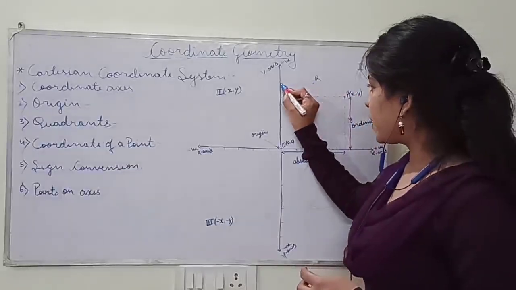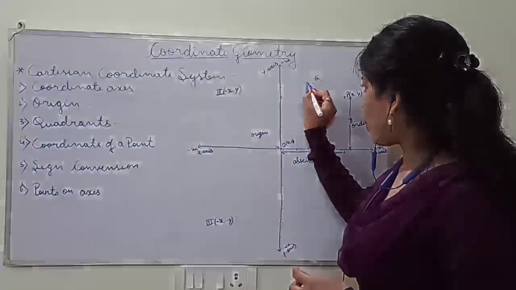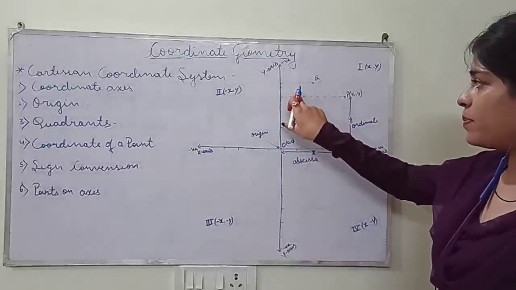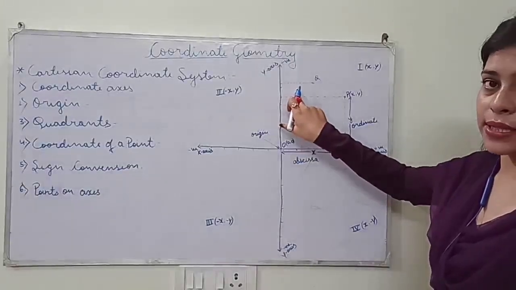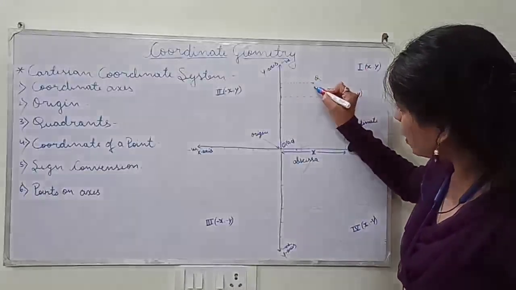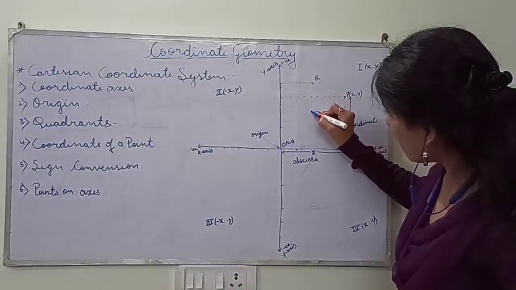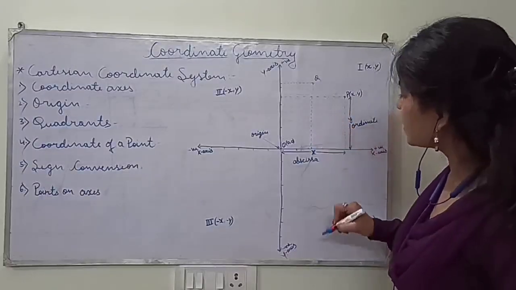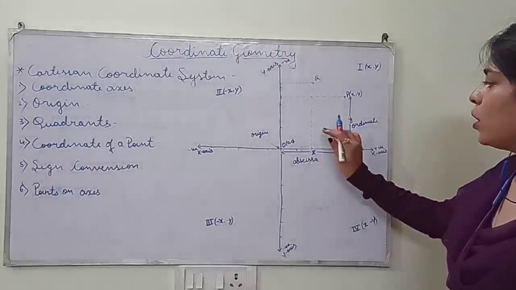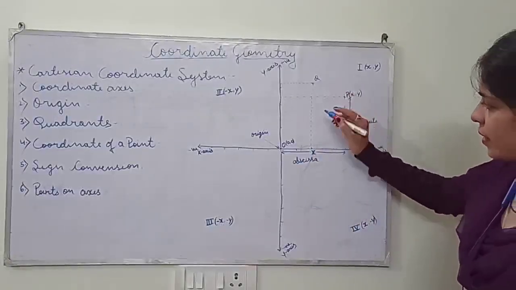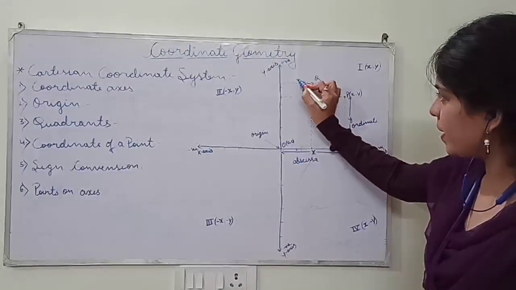The perpendicular distance of the point from the y-axis is the abscissa, or x coordinate, and the perpendicular distance of the point from the x-axis is the ordinate, y.